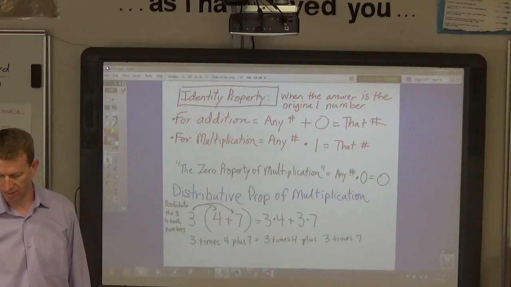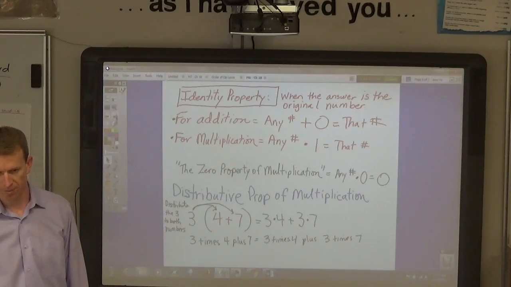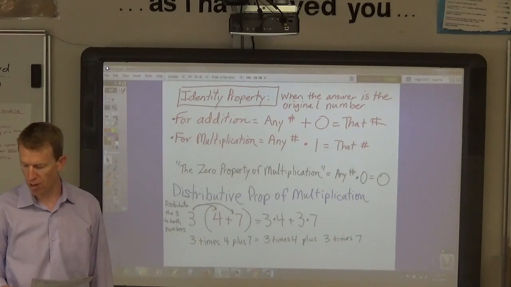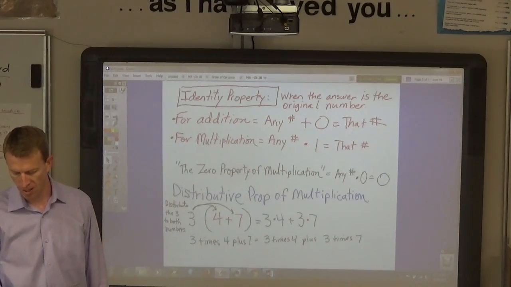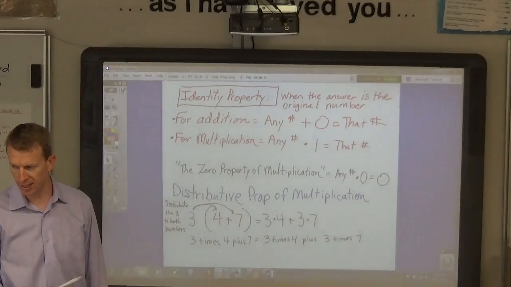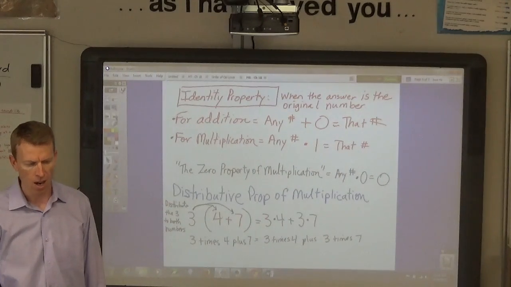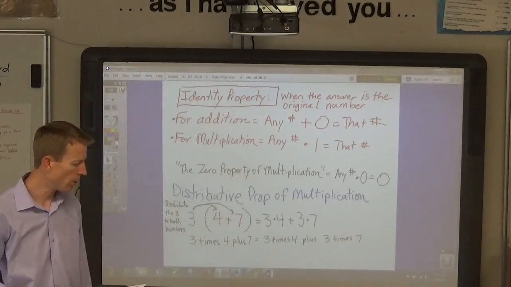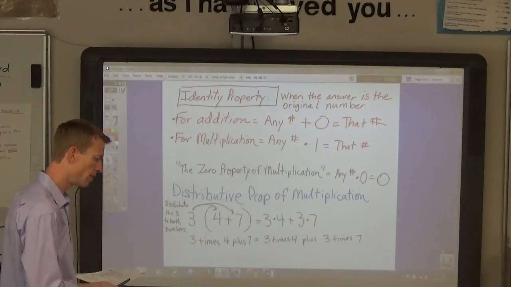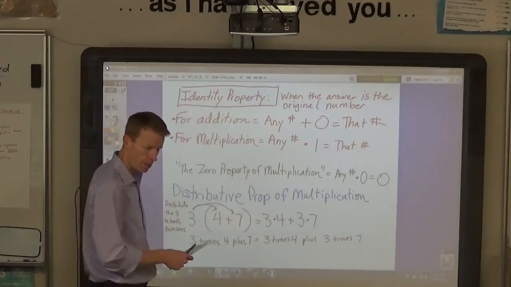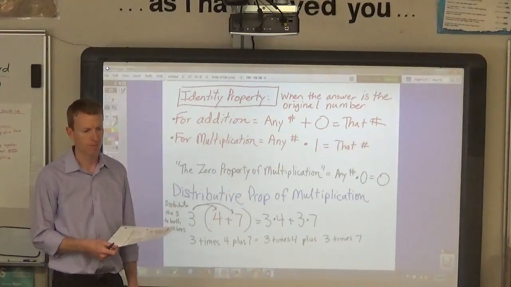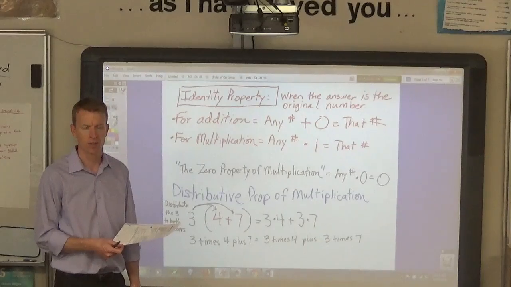Number 3. Read what it says. 4 plus 6 plus 21 equals 4 plus 6 plus 21. Are those numbers switched around? Yeah. Are the numbers switched, or are they in the same order?